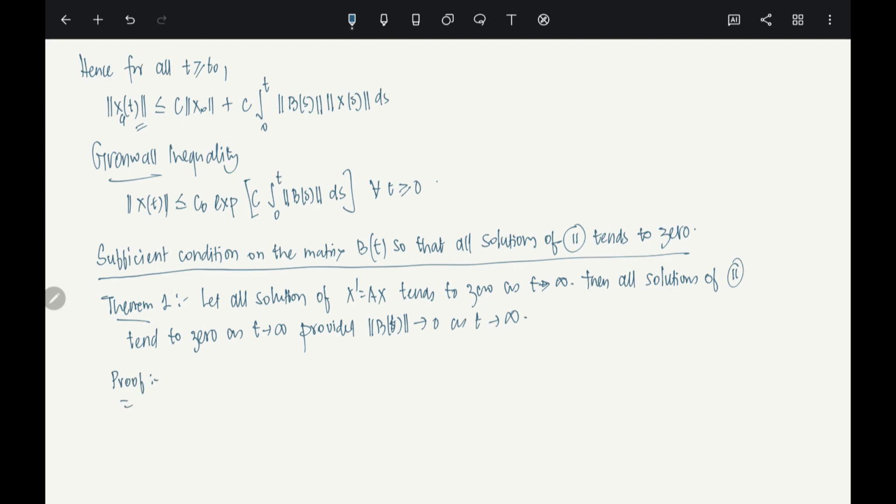So first of all, solutions of x prime equals Ax tend to 0. That is given to us. If that happens, then one can say, let A be such that all its eigenvalues have negative real part.